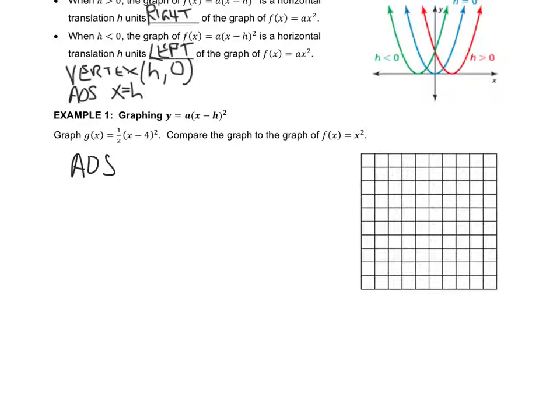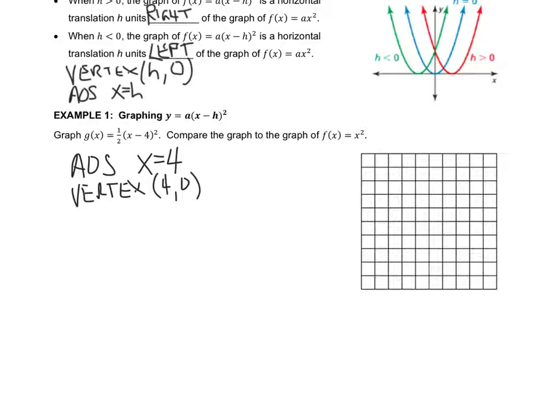The 4 would be a positive number, so I know my axis of symmetry is sitting at 4. In this form, we would also know that the vertex is that same 4 for the x value, comma 0, because there's nothing being added at the other end to give us any kind of a vertical translation.